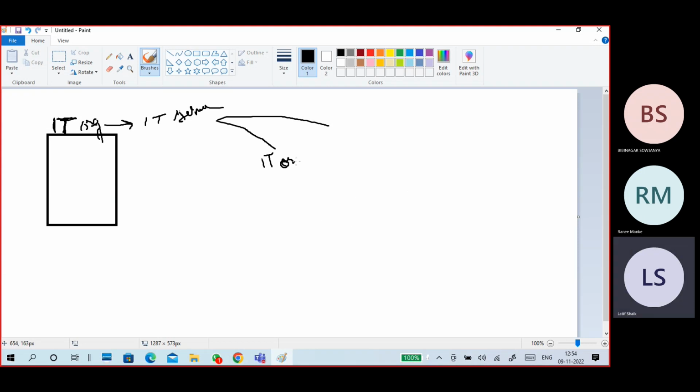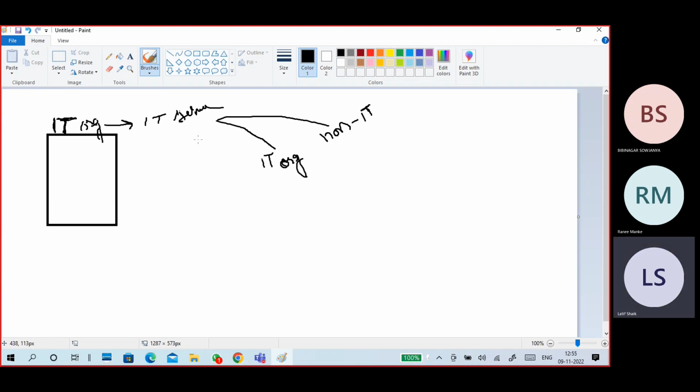IT organizations and non-IT organizations. Non-IT means their business is not IT business. For example, bike manufacturing companies are non-IT.